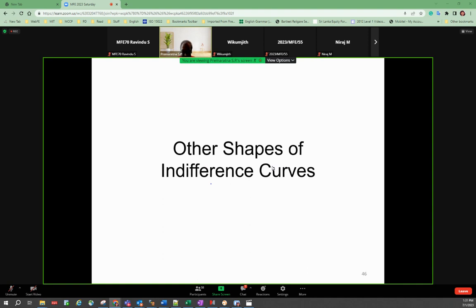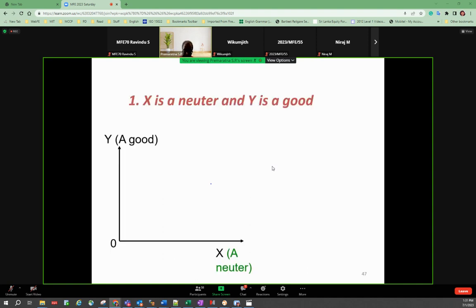When you talk about the shape, now look quickly. I think this is the point I stopped at last time. Now look at the two goods. X is a neutral good. Neutral means you are not specifically focused on it, and day to day you assume it's neutral. You don't need to worry about whether consumption is reduced or increased. The Y is a good. You like it. In that way, two goods. The Y-axis is the good one, here neutral.